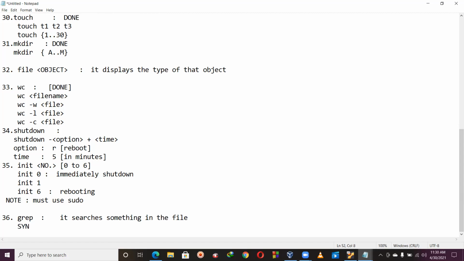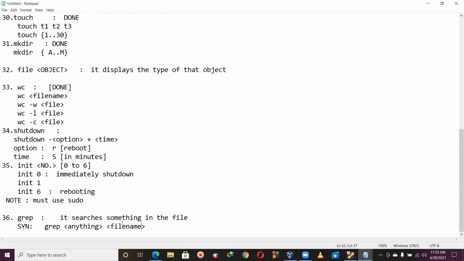Syntax is what? Grep command here, then anything which you want to search, and here the file name.